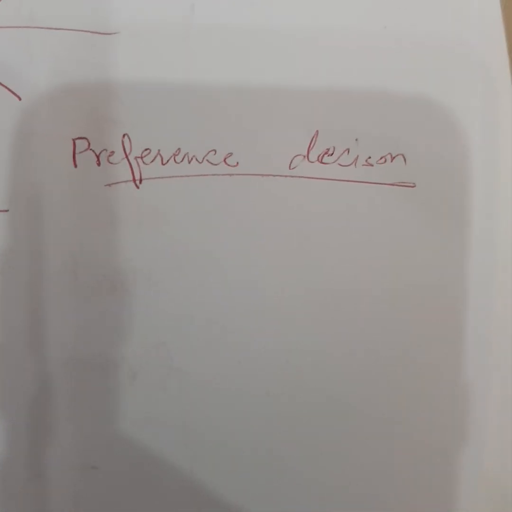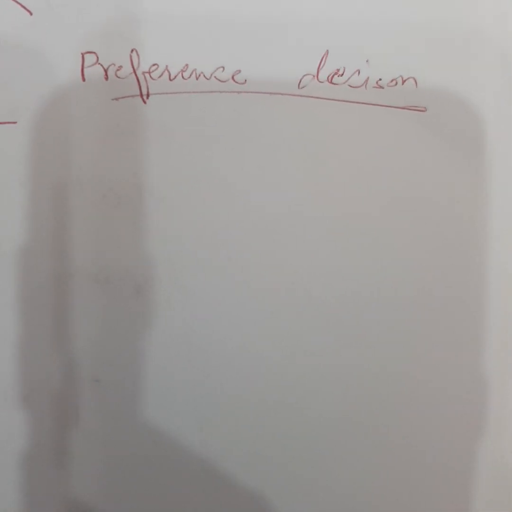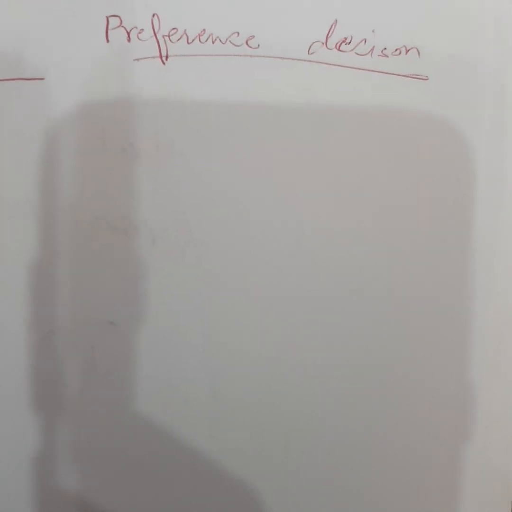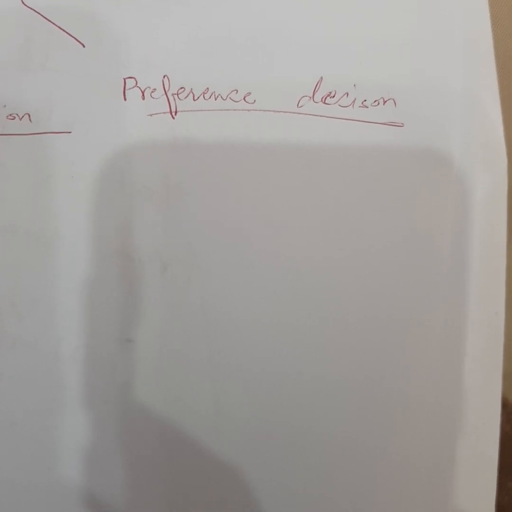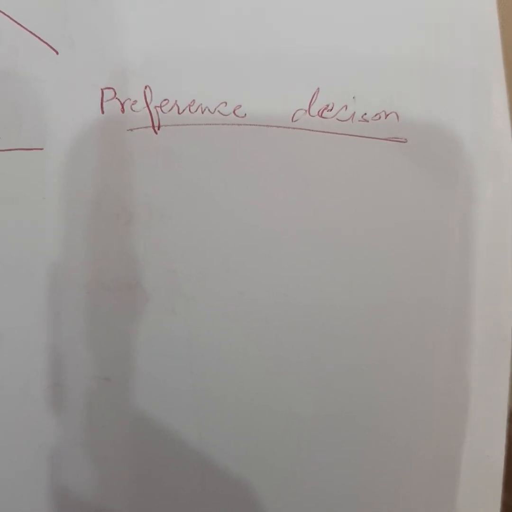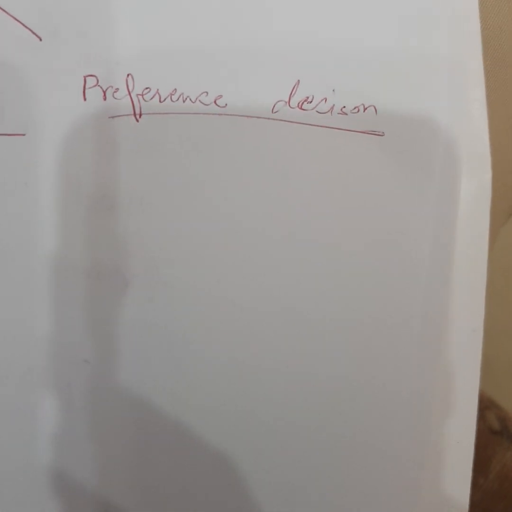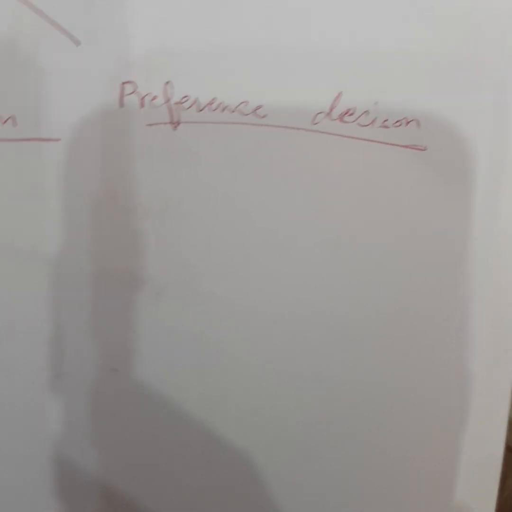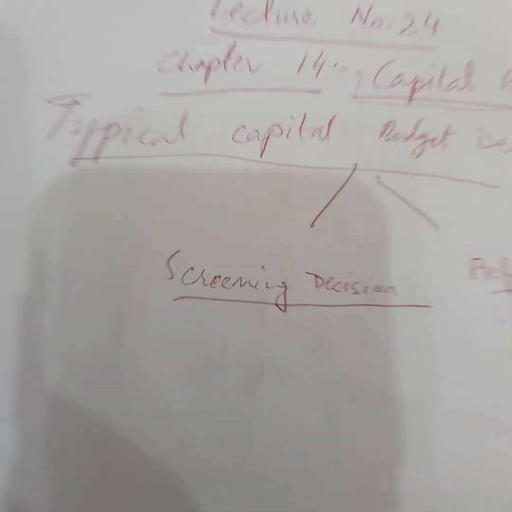But in the case of the preference decision, the manager will decide among the alternative projects which have some qualities. For example, if a purchase manager selects a machine from many machines having different qualities and features, and selects the most efficient machine, that is his preference decision instead of screening.